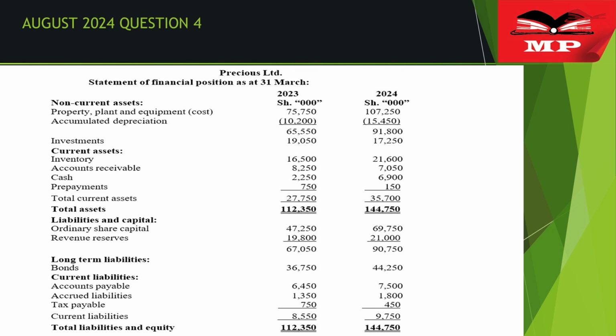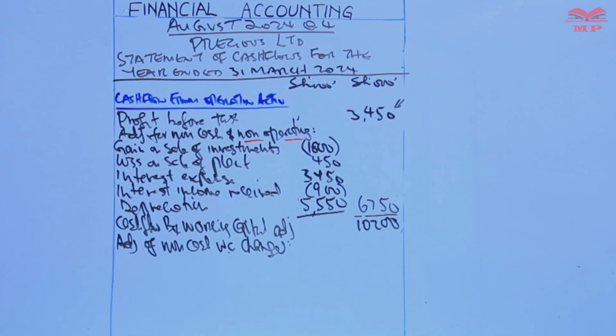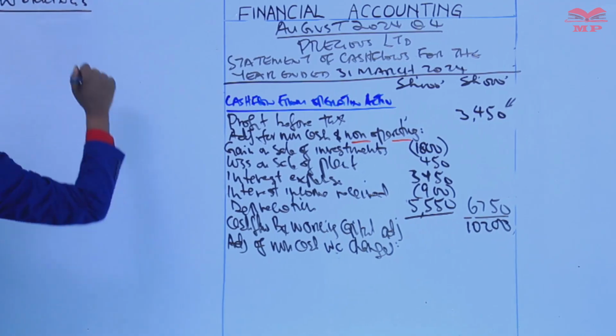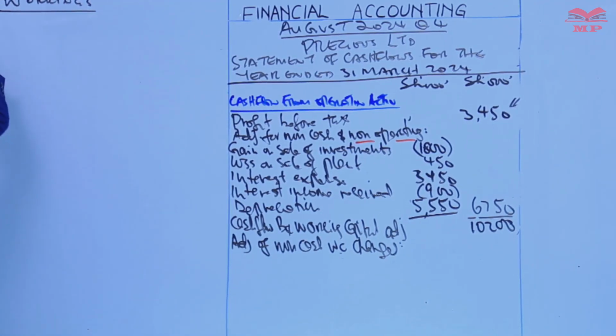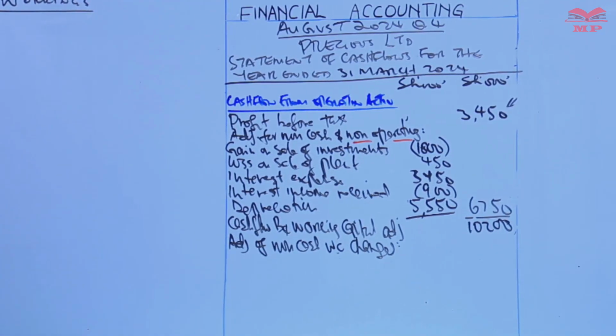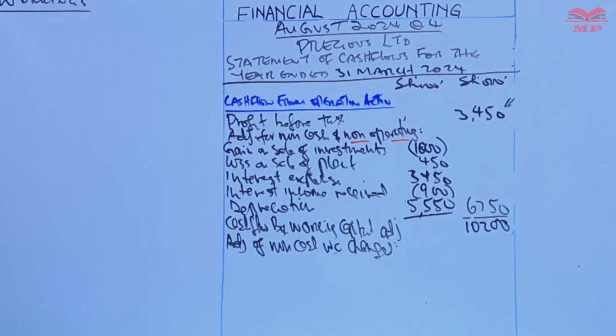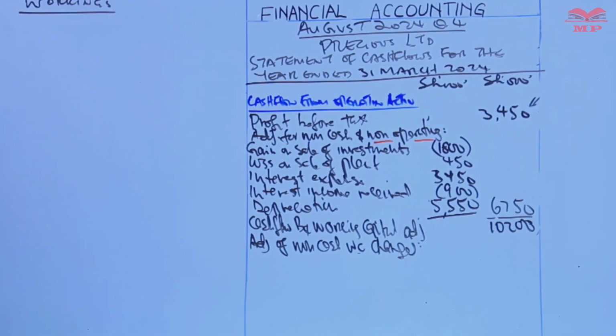For the sake of those attending the cash flow class for the first time, we have to help you with some workings. Working number one, we can have a working for that first item in the balance sheet, inventory.